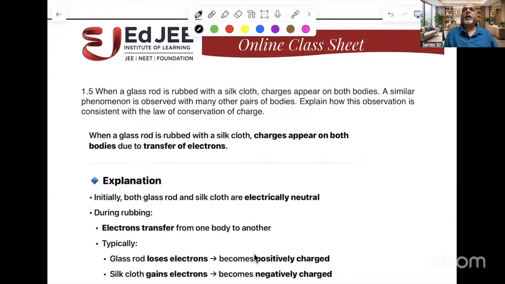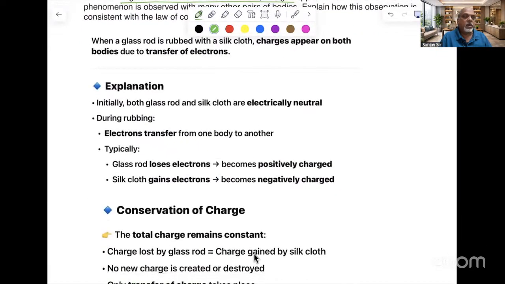When the glass rod is rubbed with a silk cloth, charges appear on both of them. Of course, the glass rod loses electrons, here I have written.